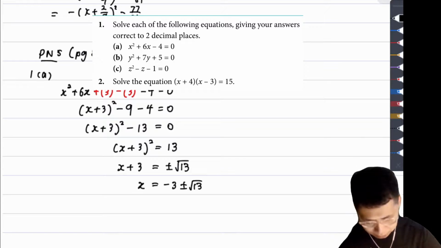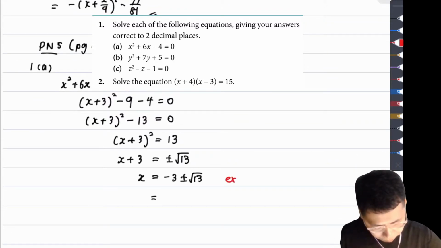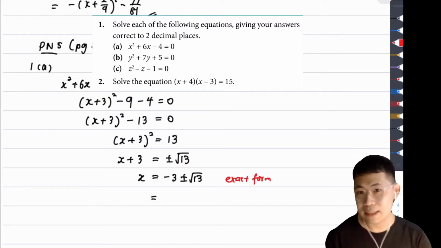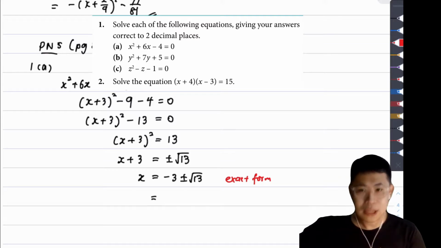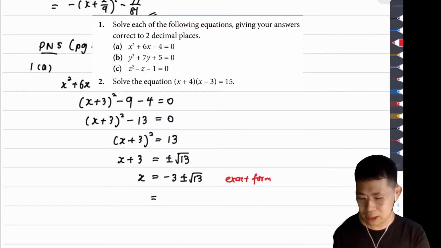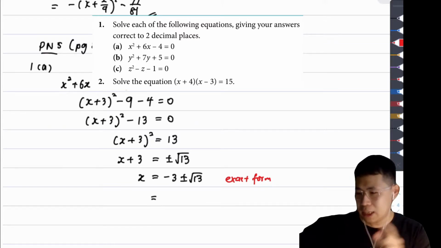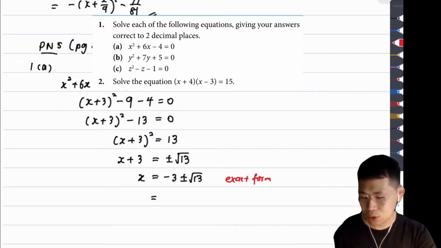This is our exact form. In EMath, we want 3 significant figures, because we don't use the surd notation, the square root notation, over here. So we need to express in 3SF. Negative 3, we do the plus root 13 first.